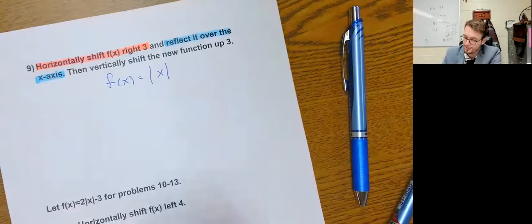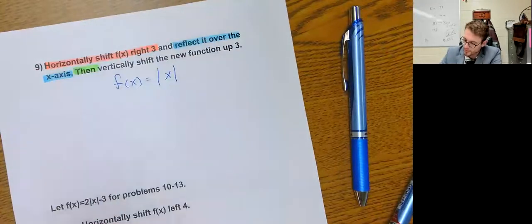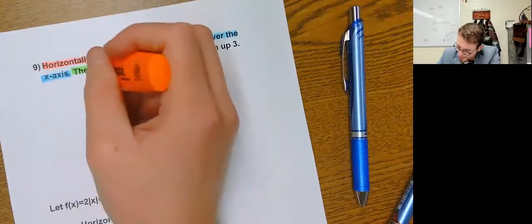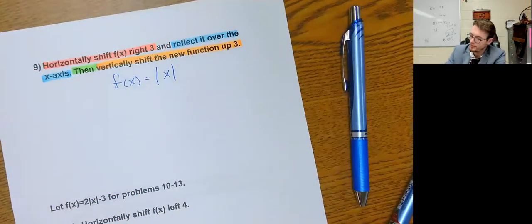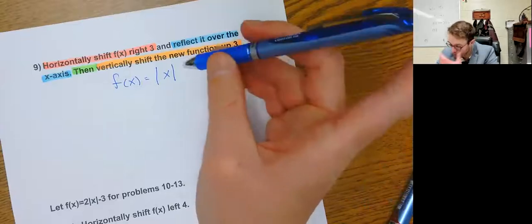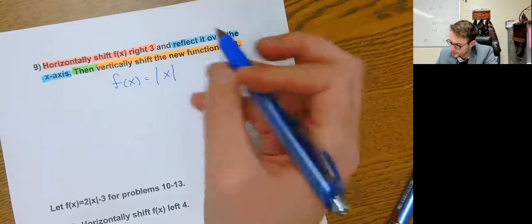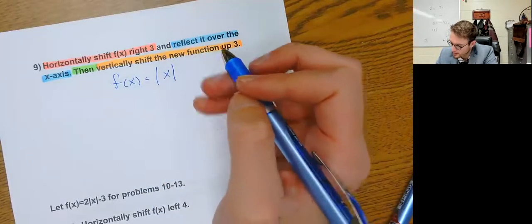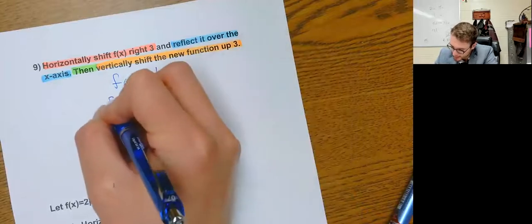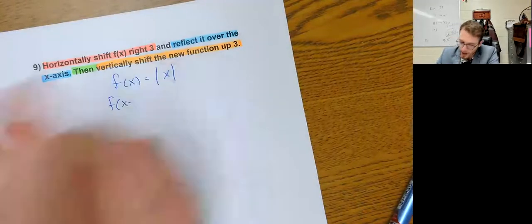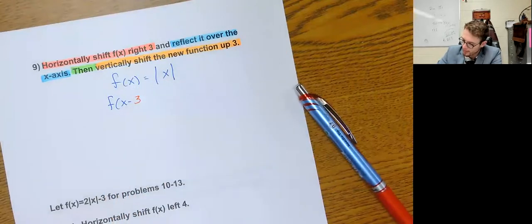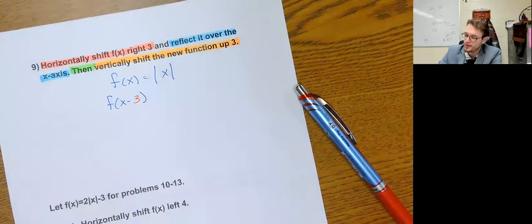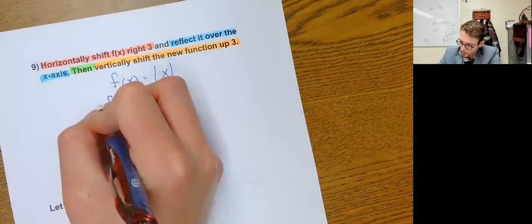Then we are going to vertically shift a new function up 3. So let's do the first 2 transformations to f of x. So right 3, that means subtracting off a positive number. And then we're going to want to reflect this over the x-axis, and that means multiply the whole thing by a negative.